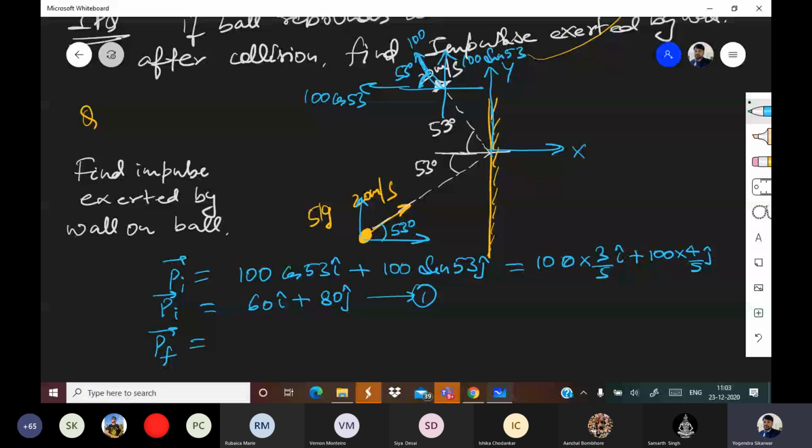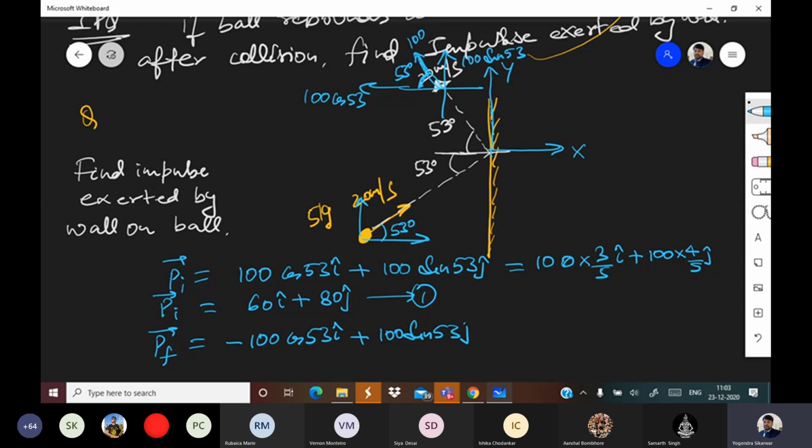So I am writing directly minus 100 cos 53 I cap plus 100 sine 53 j cap, and that will be minus 60 I cap plus 80 j cap.